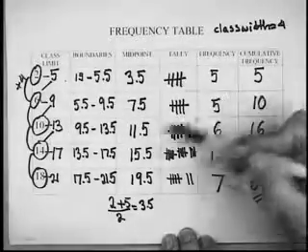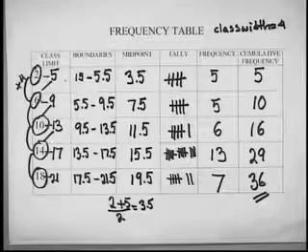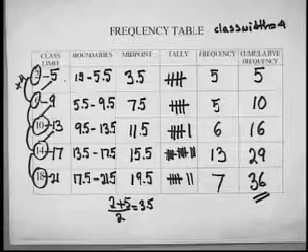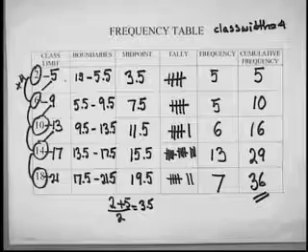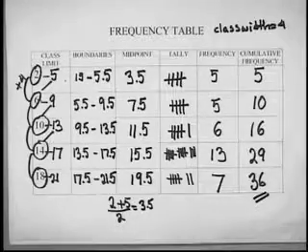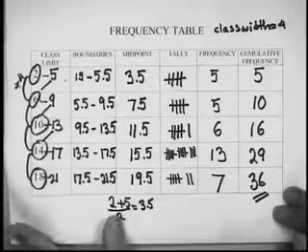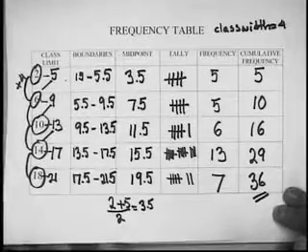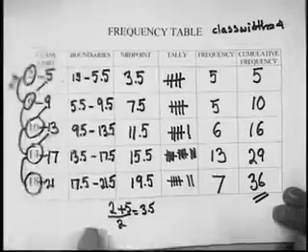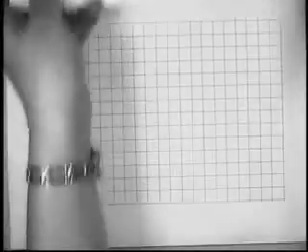So when you do that, you're going to put that as a bar graph. I'll do this by hand, and then I will show you how this is done using your graphing calculator. So I'll put this table aside for a moment so that I can go to the graphing portion.